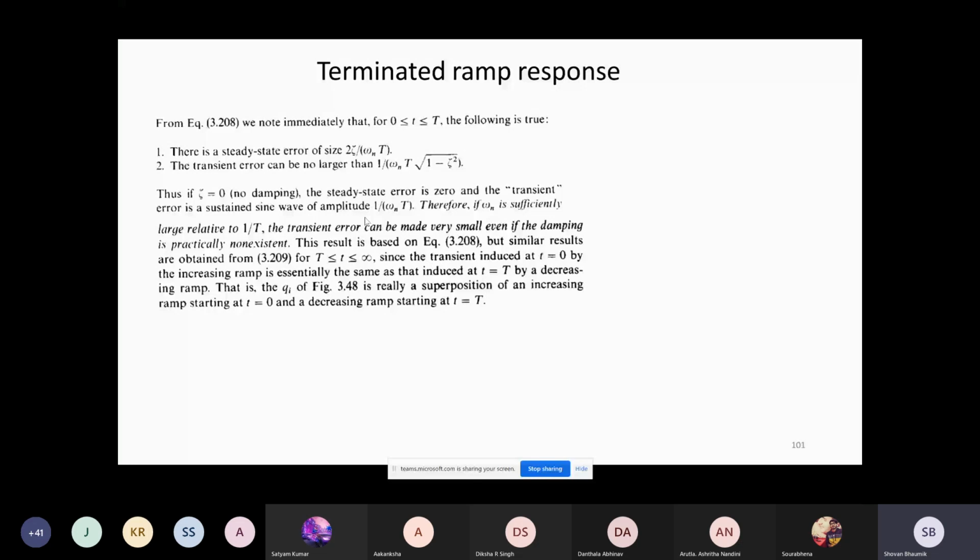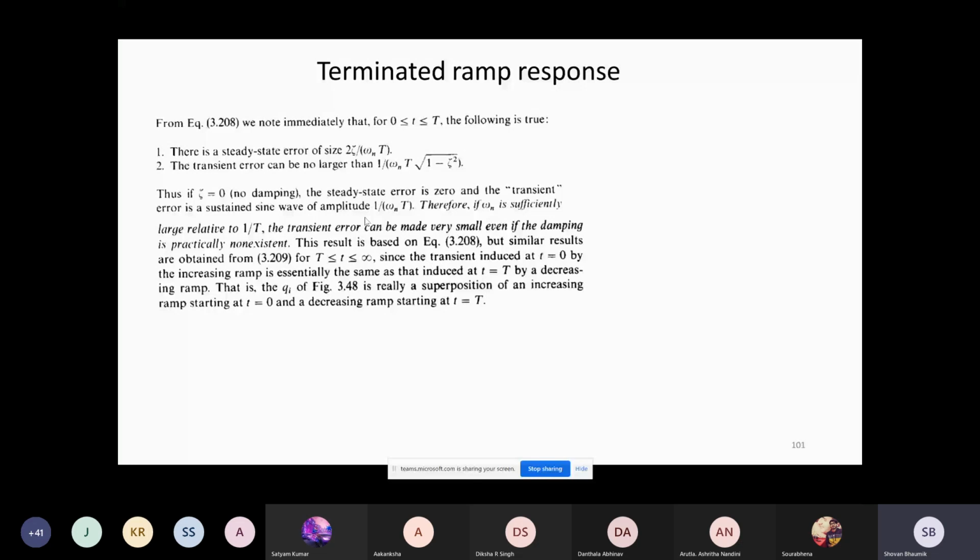The transient error is a sustained sine wave of amplitude 1 by omega n T. Therefore, if omega n is sufficiently large with respect to 1 by capital T, the transient error can be made very small.